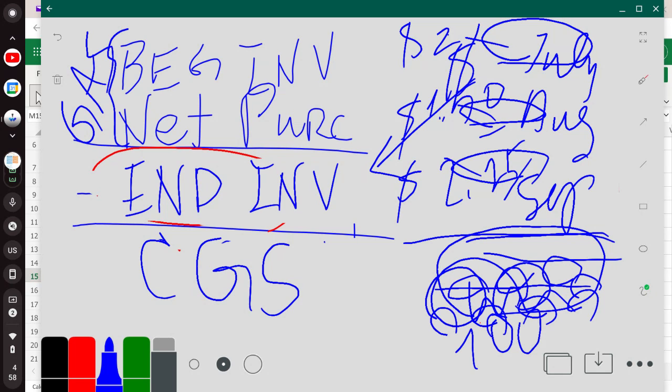Think about it. What dollar price you put on it depends on when it was purchased. But these 100 tennis balls could be from any batch. Some of it could have come from the July purchase, some from the August purchase, some from the September purchase.